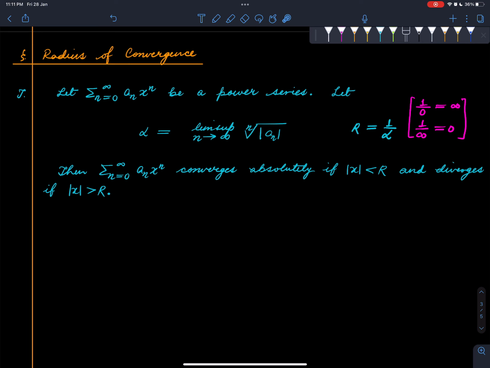Once you have this alpha, you define r in this fashion, then the theorem says that this series converges absolutely for those x's which satisfy this inequality and diverges for those x's which satisfy this inequality. And if you have mod x equals r, then we can't say anything.